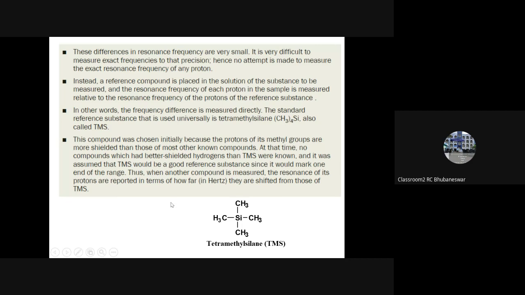At that time, no compounds with better shielded hydrogens than TMS were known, and it was assumed that TMS would be a good reference substance since it would mark one end of the range.